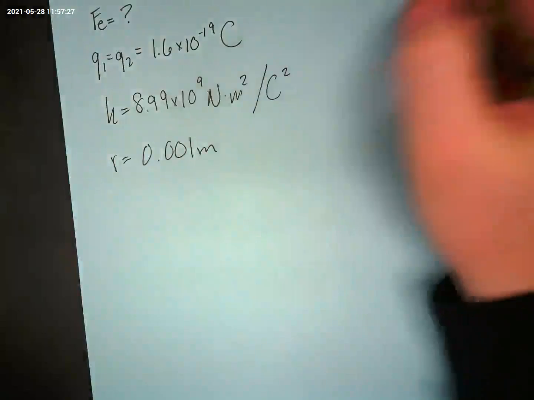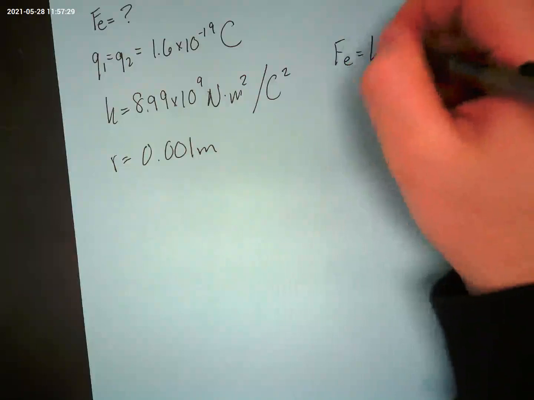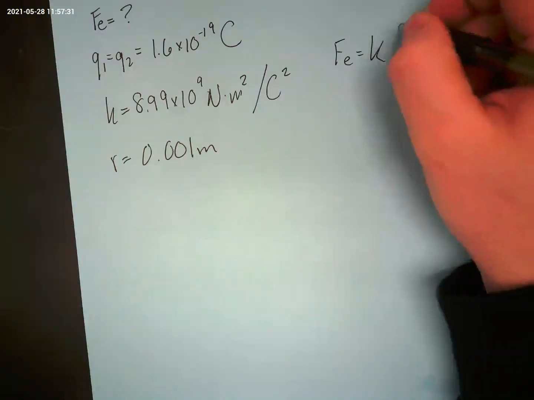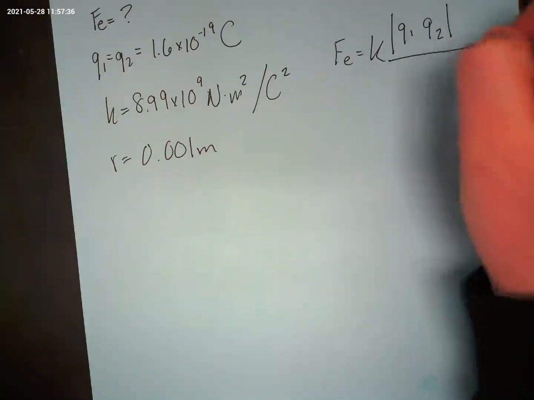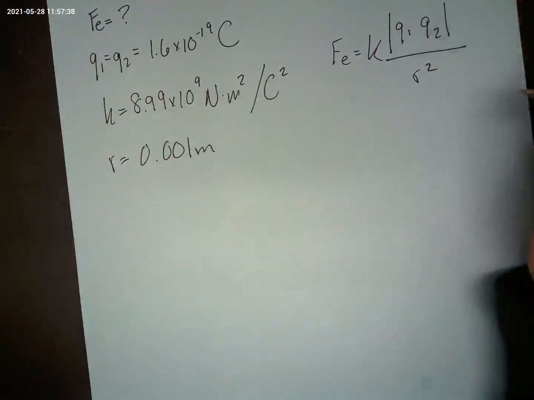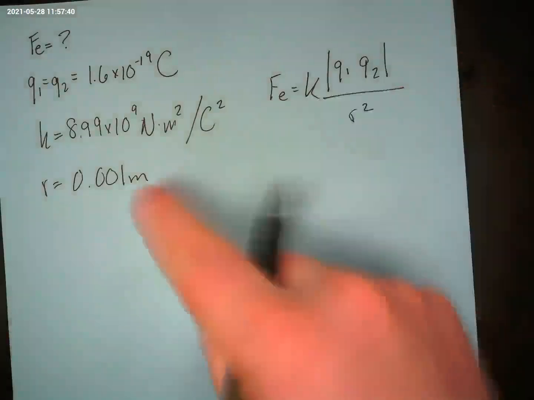The equation is Fe equals K times the absolute value of Q1 times Q2, all over R squared.